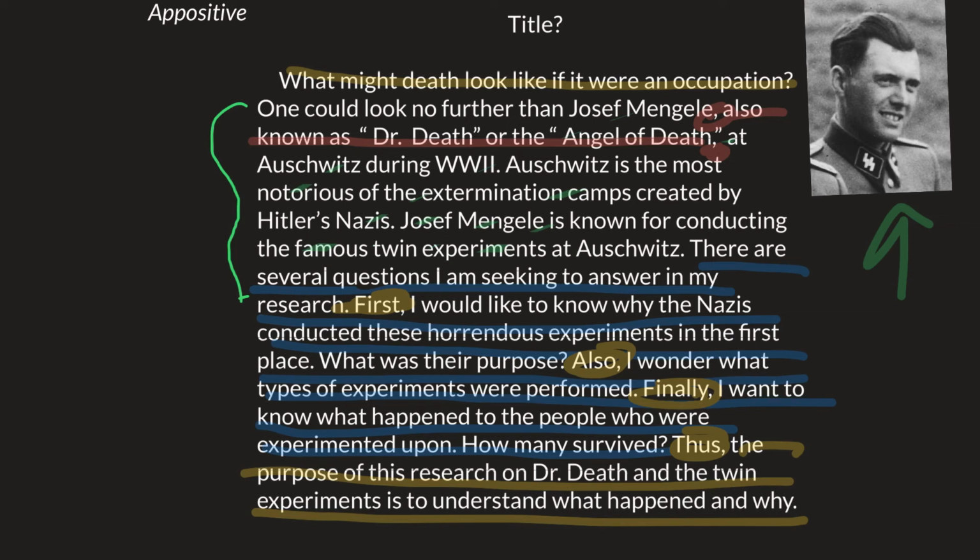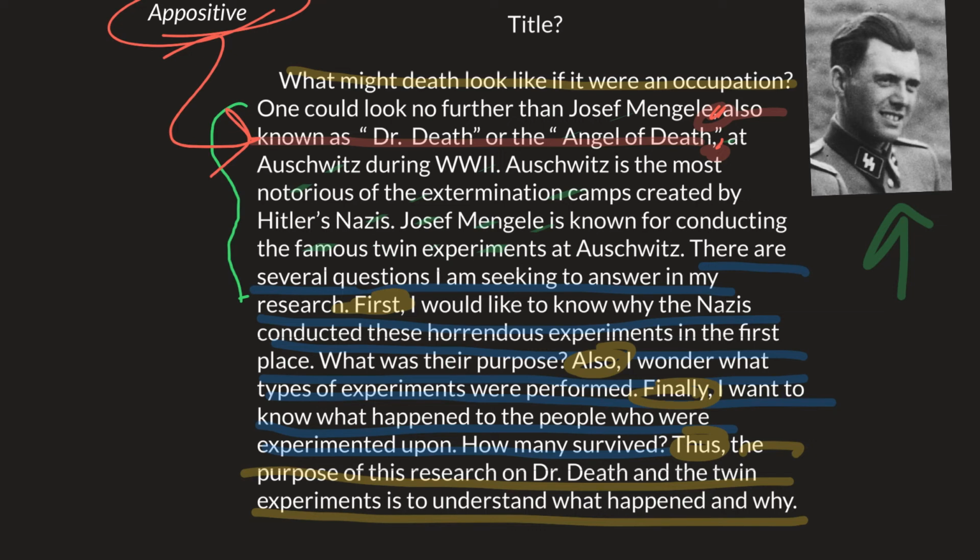Okay, appositives are when you basically give that extra piece of information. So when I go through and talk about the other names that he's called by, also known as Dr. Death or the Angel of Death, comma right here, comma right here, that extra information that's separated from the rest of the sentence is what's known as the appositive. Okay, so we've got two different things going on with commas.